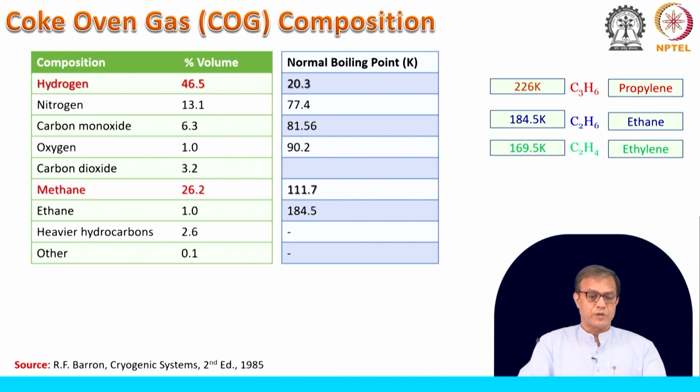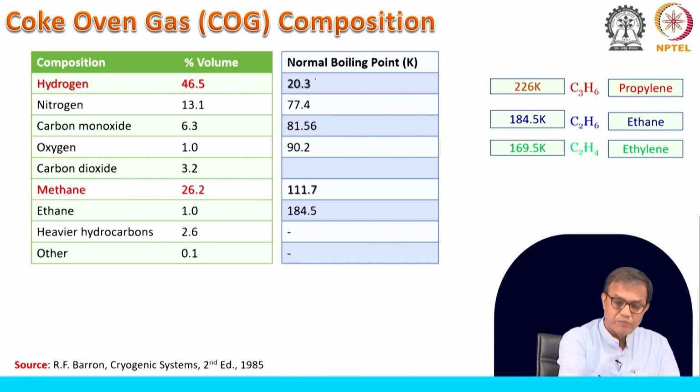This is a coke oven gas composition taken from Barron's book, and these are the typical normal boiling points, just to recapitulate. You can see that the normal boiling point of nitrogen is quite different from the rest of the gas.